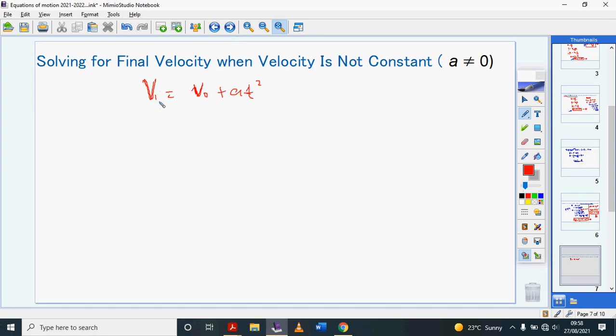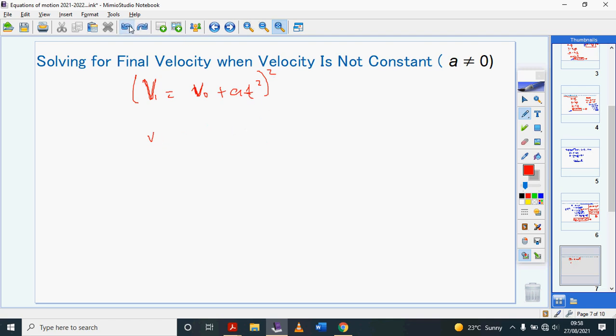If I square this whole equation, on the left-hand side I have v1 squared, and on this side I have v0 plus a t, squared.